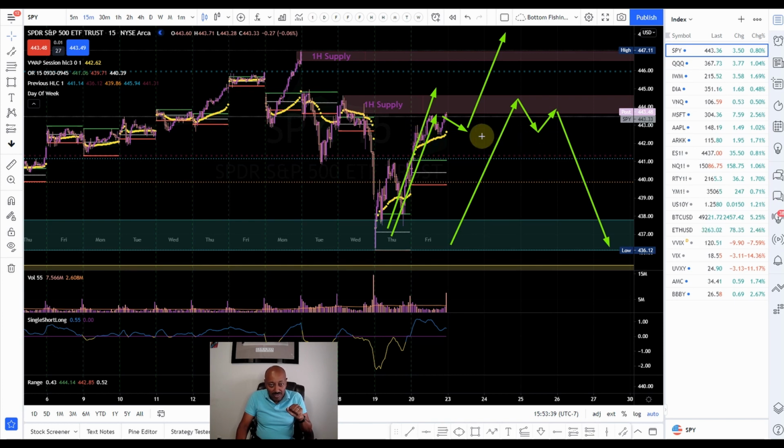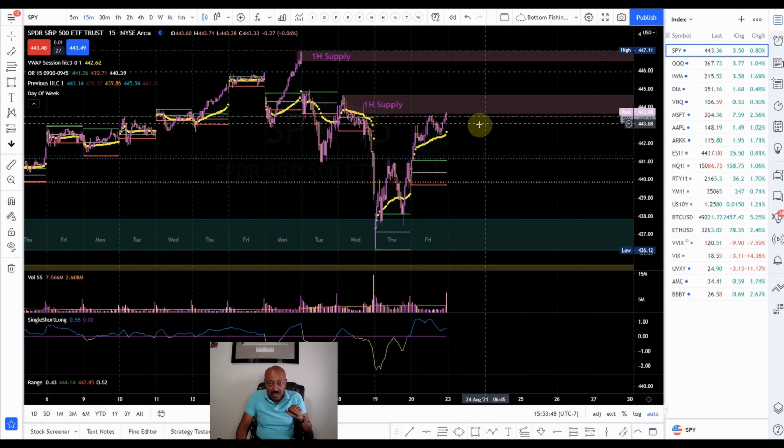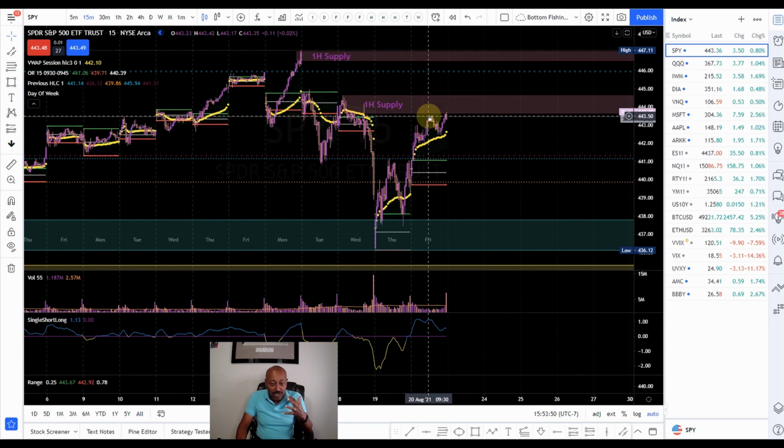And as we trade with the trend, when price stalls at these levels, this is time to exit. At least a partial position, a good amount of your position you exit here, because price all day was not able to break above this area. It's a few cents, but in general it just stayed in this area.